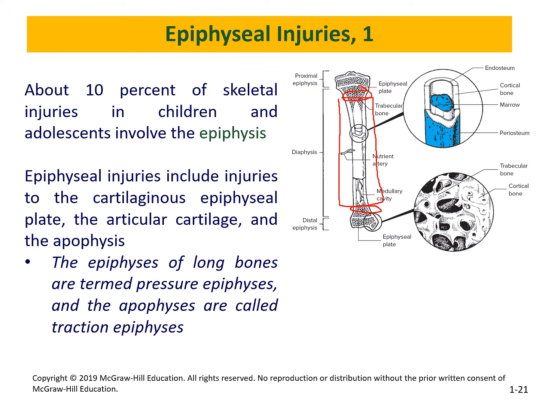So that's the plate that grows, and then bone grows from it outward. And it's very soft, a lot of cartilage there. The epiphyses of long bone are termed pressure epiphyses, and apophyses are called the traction epiphyses. So this is just anatomy.